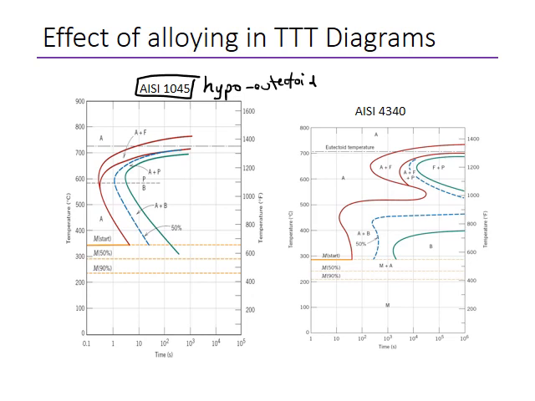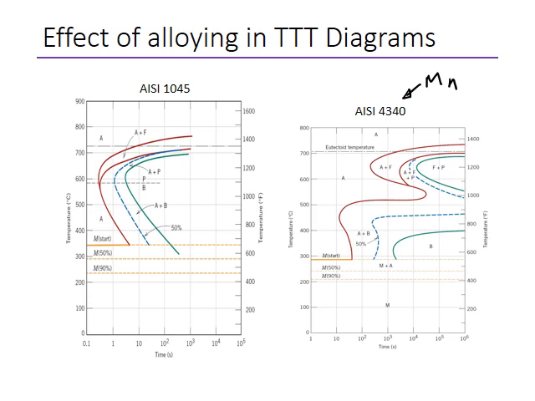But if we add some alloying elements, in this particular case the 4340 steel, you can check that in your software or your computer, you will have more manganese in this alloy. So by adding manganese and other things, there is a change in the shape of the graph.